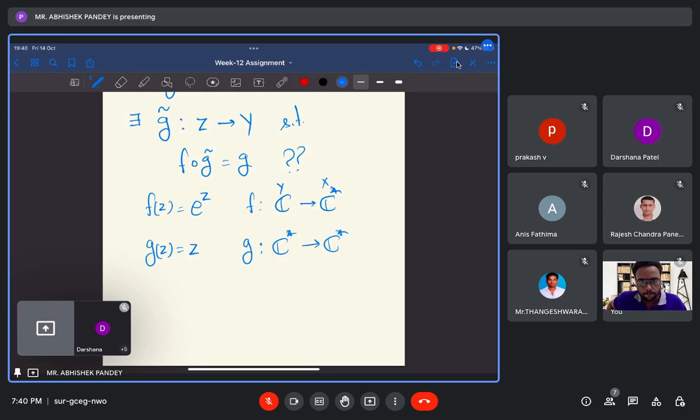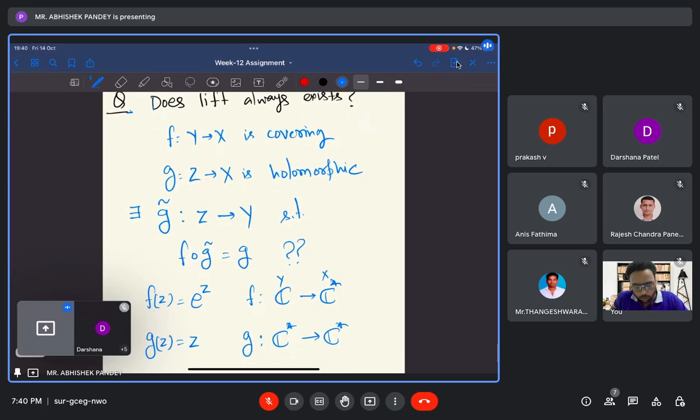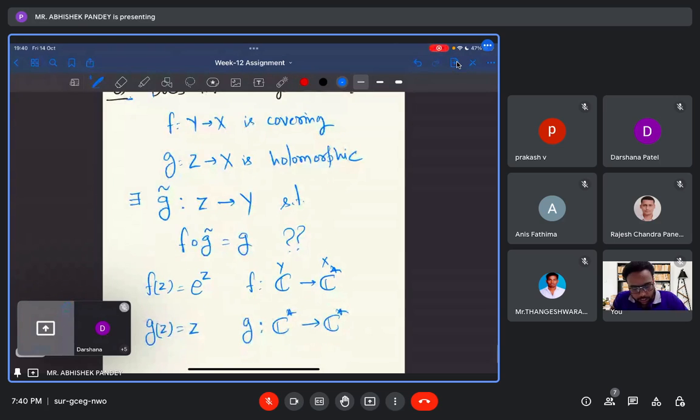Now, will such a continuous g tilde exist or not, so that it satisfies this?